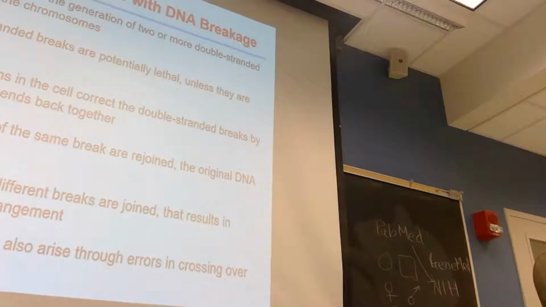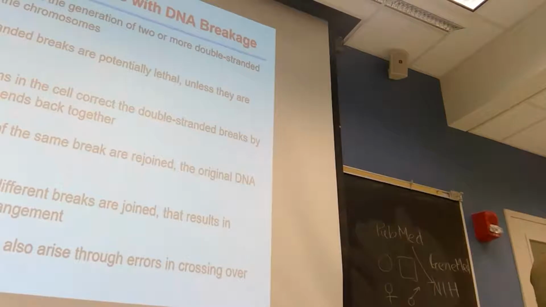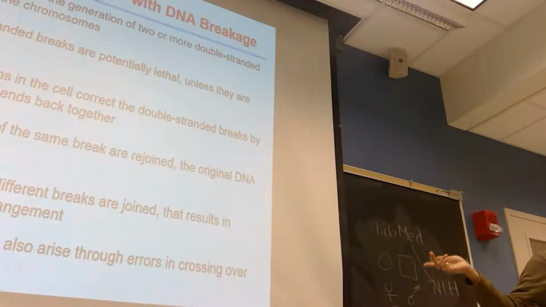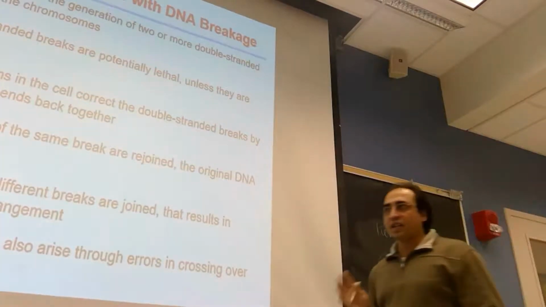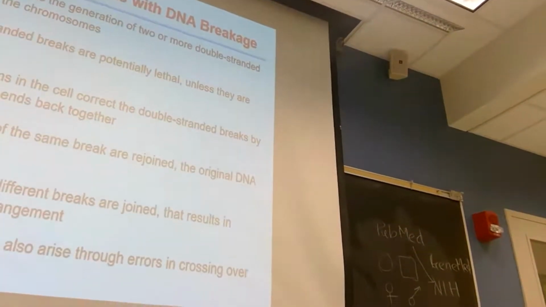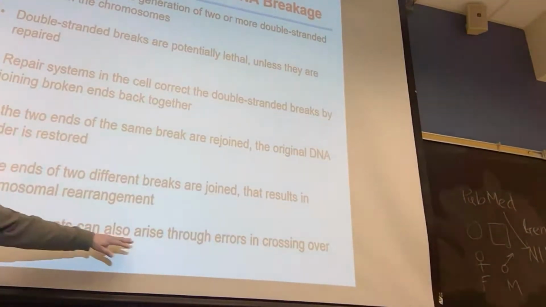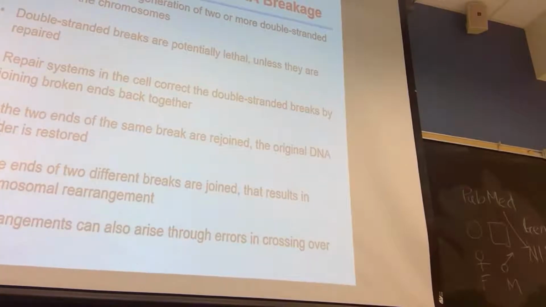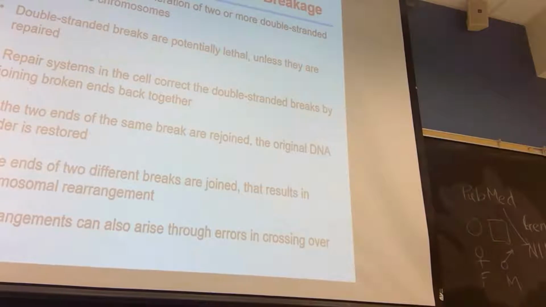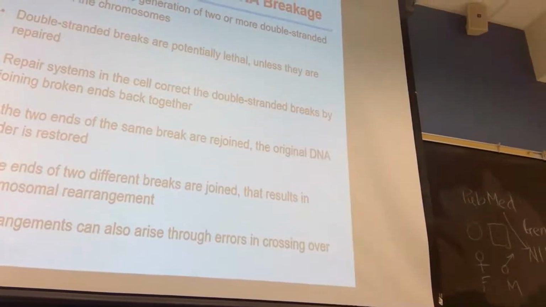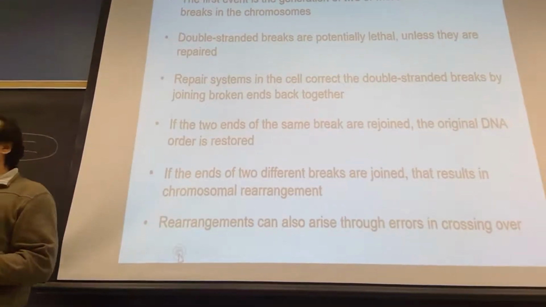During this rejoining, either it goes to some other part of the chromosome, some other chromosome, or it is inverted, then the structural aberration would happen. Okay, clear this part? So it always starts with a break. And another part is that rearrangements can also arise through errors in crossing over. How? Sometimes during crossing over, if the homologous chromosomes are not side by side and the crossing over occurs, then this kind of thing can happen.